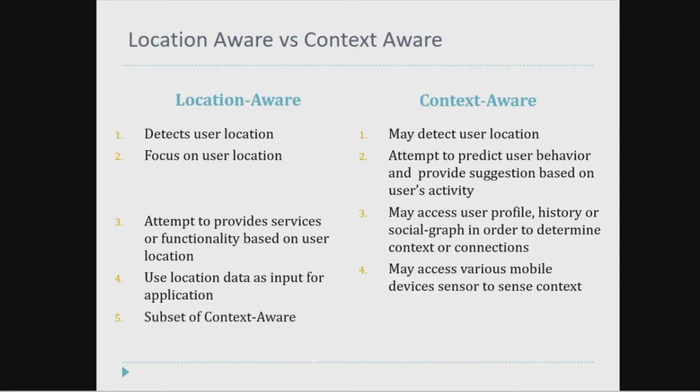Number five, location is a subset of context awareness. And context awareness may involve data analysis in order to predict user behavior or context. So that's the difference between location awareness and context awareness.